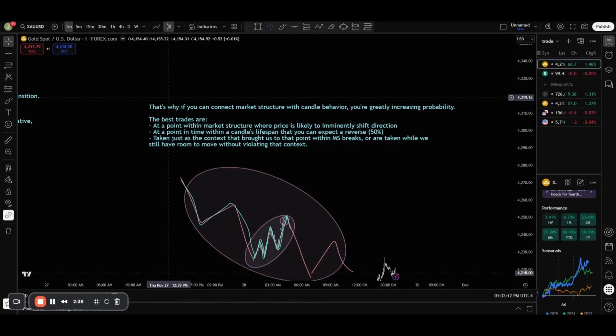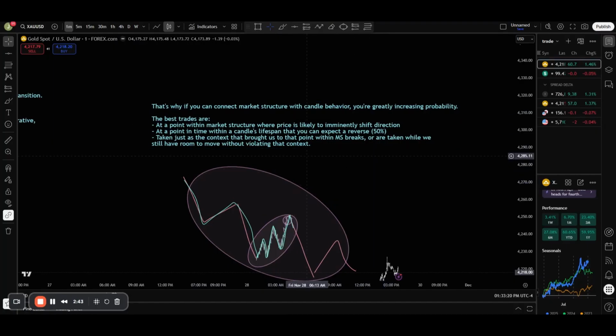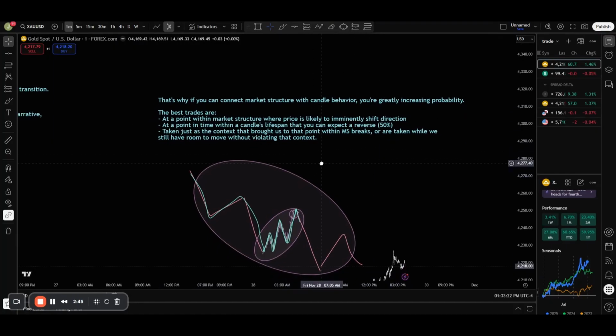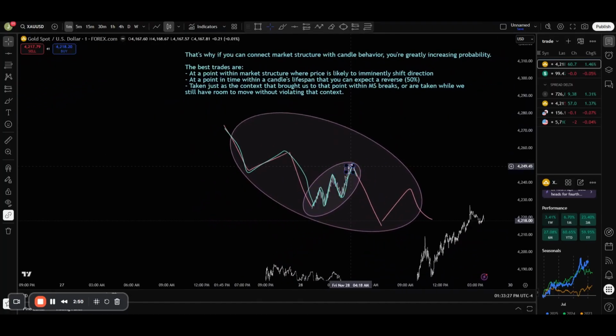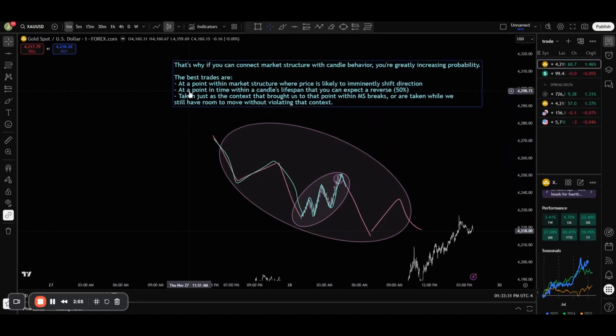Now, that's why it's so powerful to connect market structure with candle behavior. The best trades are always at a point within market structure where price is likely to imminently shift direction. Example being this little circled low time frame structure that we just went over. And we're also at a point in time within a candle's lifespan where you can expect a reversal.